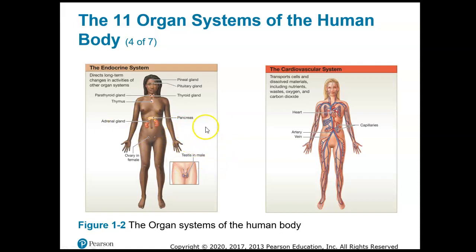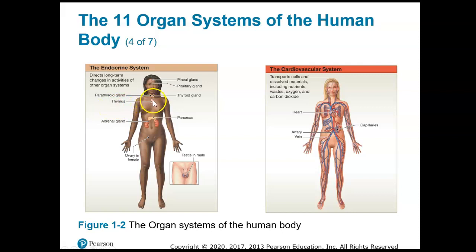Your reproductive glands, in males it would be the testes, and in females it would be the ovaries. These are also kind of overlapping. They're found in the reproductive systems, but also they're considered part of the endocrine system because they produce hormones. And then we have the parathyroid glands, which are attached to the thyroid gland, and they help to regulate blood calcium levels.